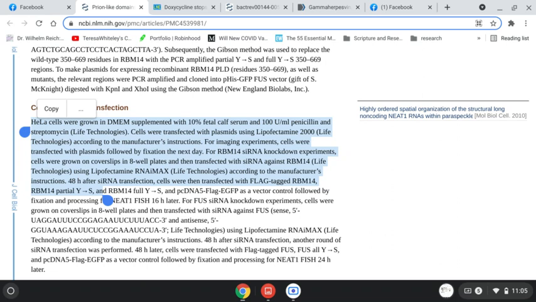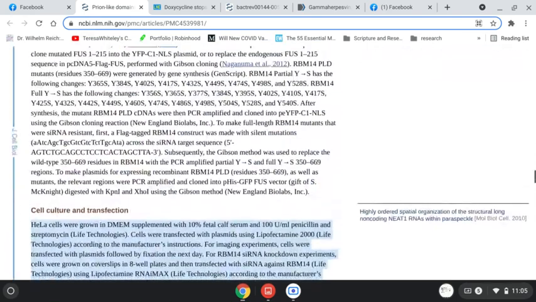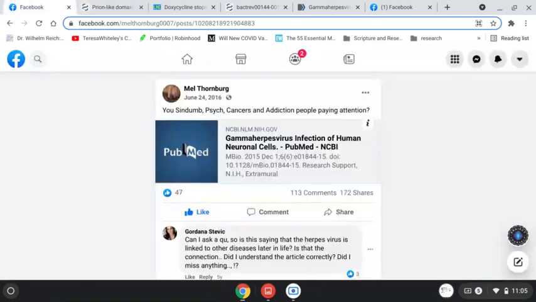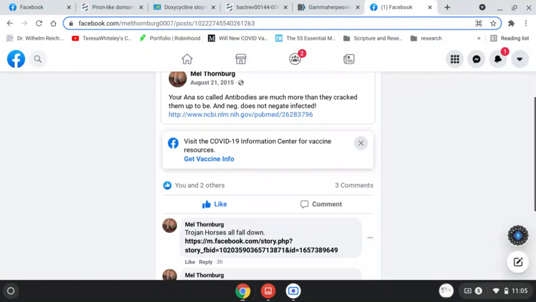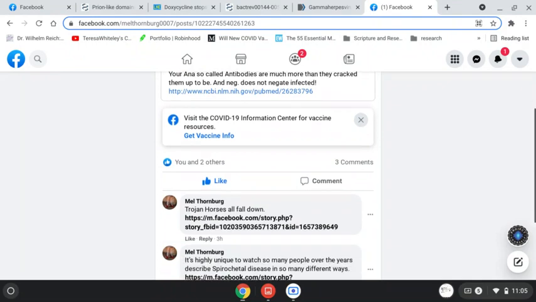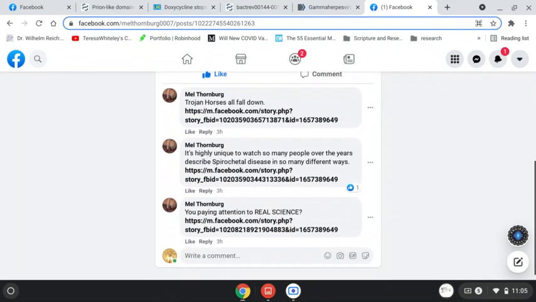I can't help but think of the days of Noah and the flood that was coming. There was a rain coming, and he tried to warn people, and they didn't believe him, and they didn't listen. So, your so-called antibodies are much more than they crack them up to be, and negative does not negate infected.